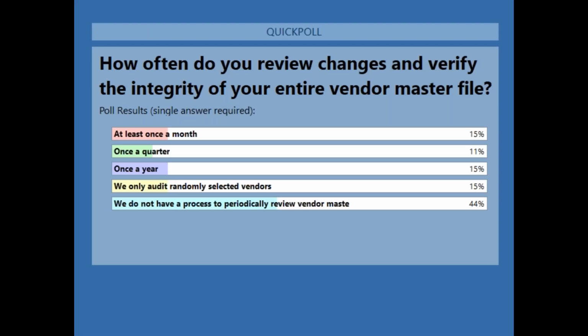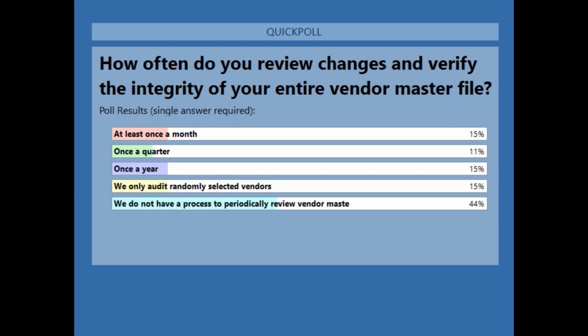Okay, so as we can see, we had 44% do not have a process to periodically review the vendor master data. Wow, so that is something that hopefully you will look at, especially as you have an option now to review the vendor banking using the tool from nsKnox, which can automate that process.